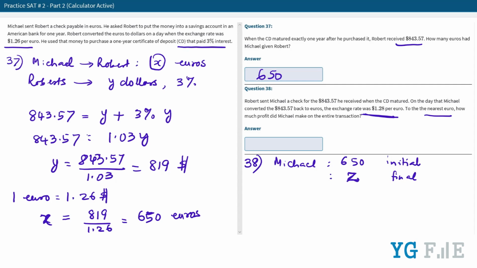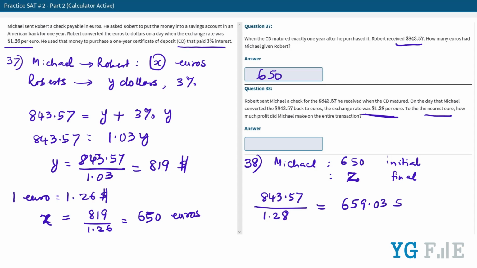For that, it is pretty straightforward that if $843.57 is what Michael receives back, and on that day €1 was $1.28, then dividing gives us 659.03 something.